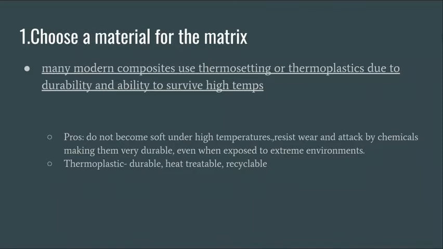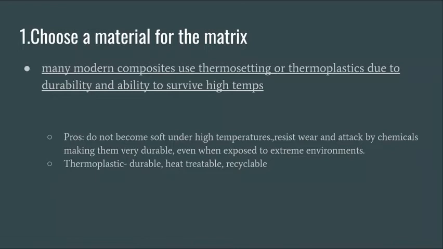The pros for using this type of matrix are that they don't become soft under high temperatures. They're resistant to wear and attack by chemicals, making them very durable. And even when they're exposed to extreme environments, they will stay as one and not be broken down. So the thermoplastic materials that we've already talked about are durable, heat treatable, and also recyclable.